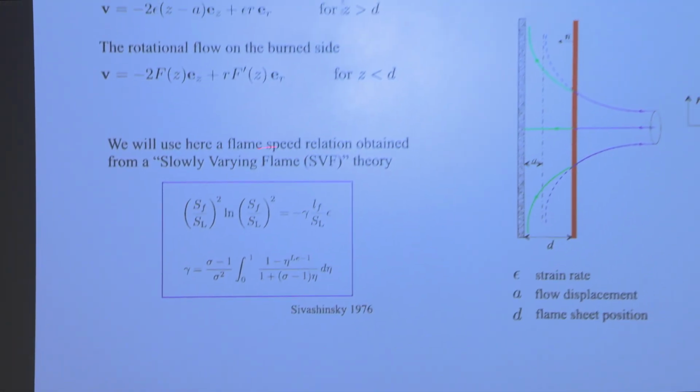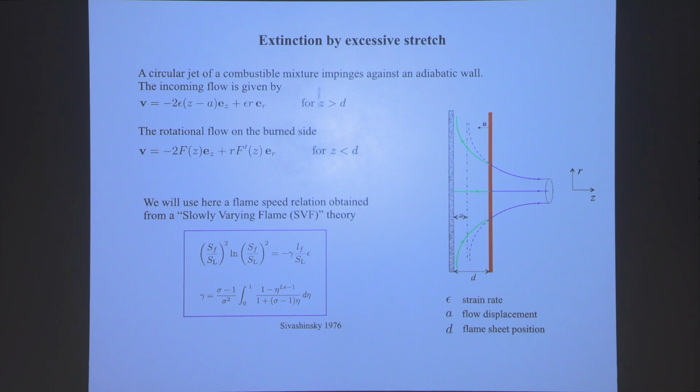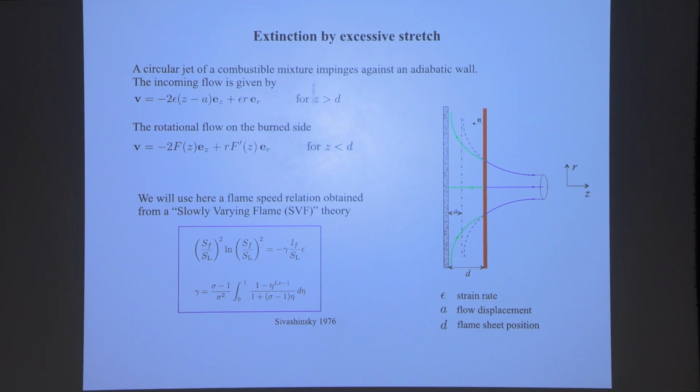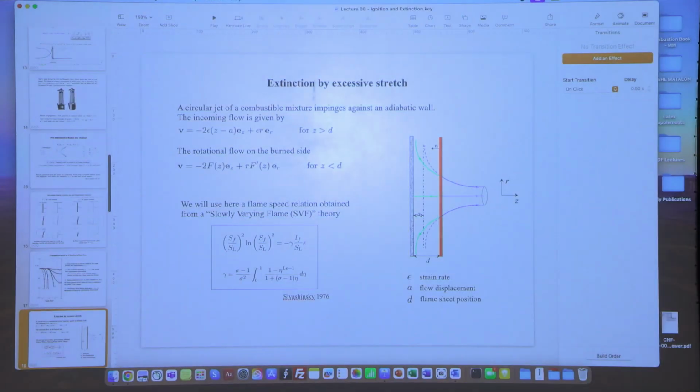Anyway, when we use this formula, which is very similar, by the way, to the one that you have seen with the heat loss analysis that we did, there is a parameter, gamma, here, which is nothing more than related to the deviation of the Lewis number from 1.